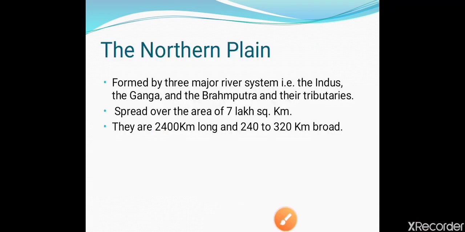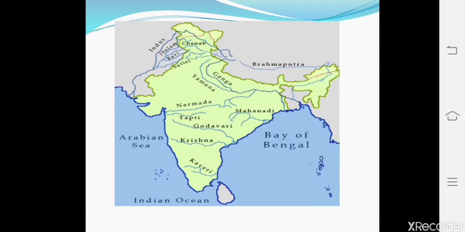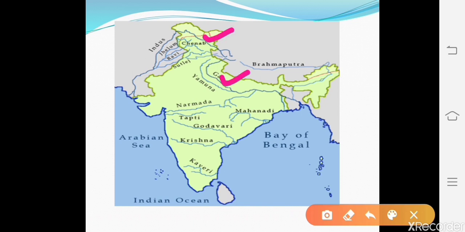So, how are the northern plains formed? Northern plains are basically formed by the depositional work of three North Indian rivers, that is Indus, Ganga, and Brahmaputra.